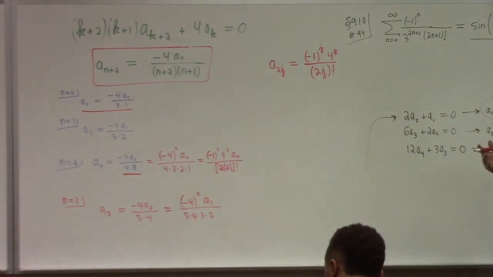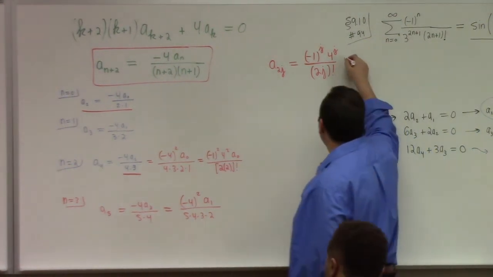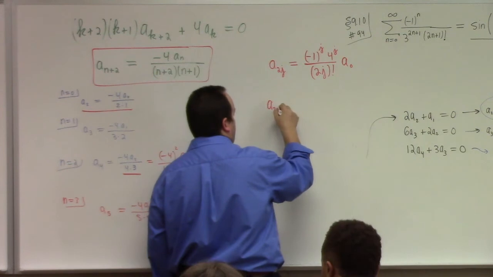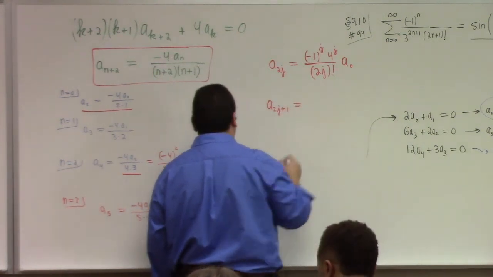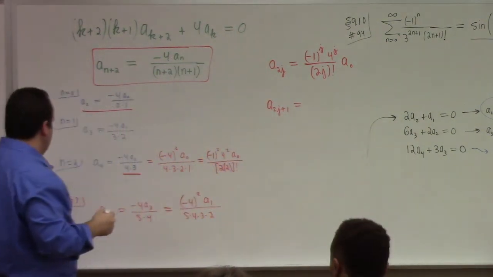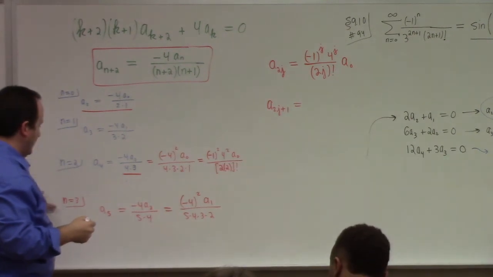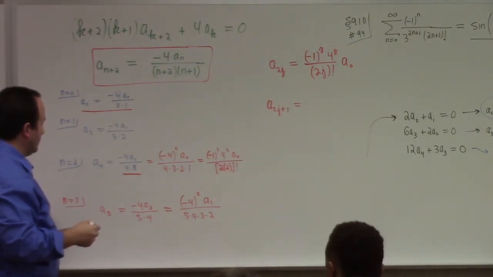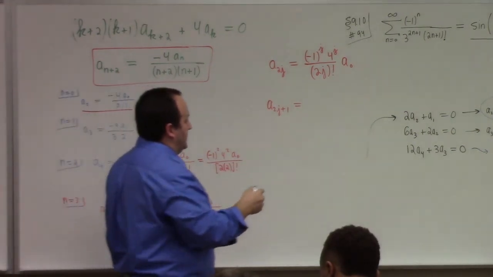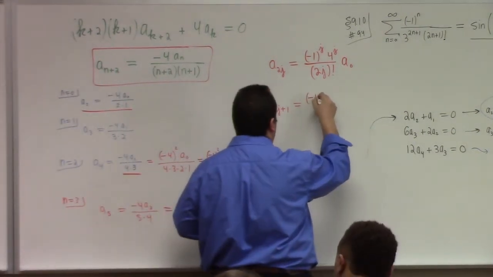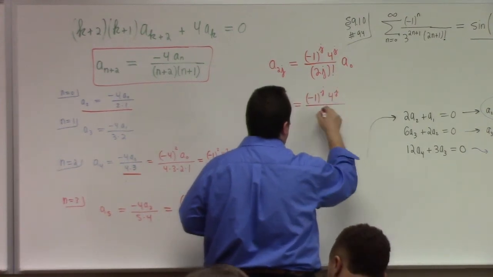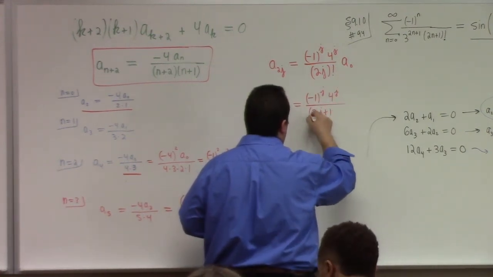And every one of those has a sub naught over here. On the other hand, if you look at the a sub 2j plus 1 terms, like n equals 1 or n equals 3, you're going to see that you've got a 2j plus 1 factorial downstairs, a minus 1 to the j upstairs, and a 4 to the j happening.